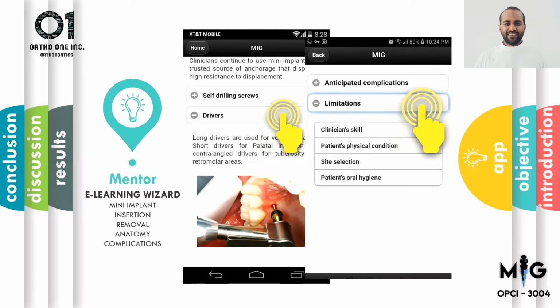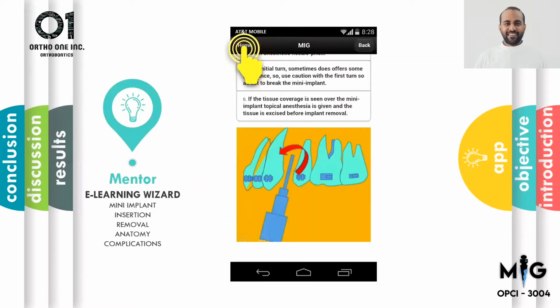It is a comprehensive guide on mini implant placement, explaining the armamentarium used, the procedures, techniques, and the various drivers used, with colorful illustrations. Apart from that, it also explains various complications and limitations regarding mini implant placement. And regarding the removal protocol, it also explains the usage of drivers and whether it's anti-clockwise.